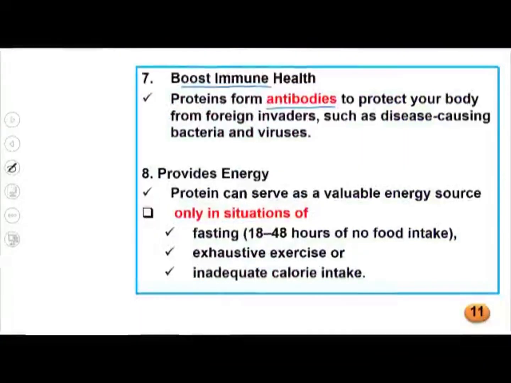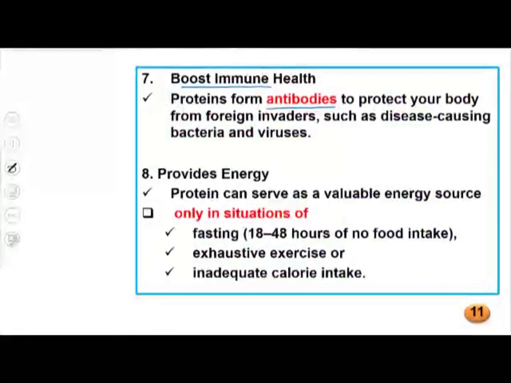Again, protein provides energy. Protein can serve as a valuable energy source, but this is only in situations of fasting.